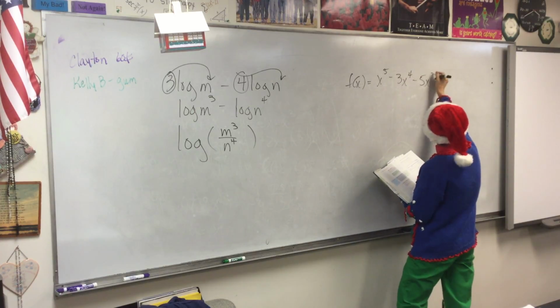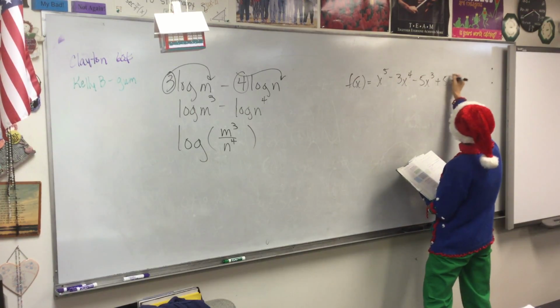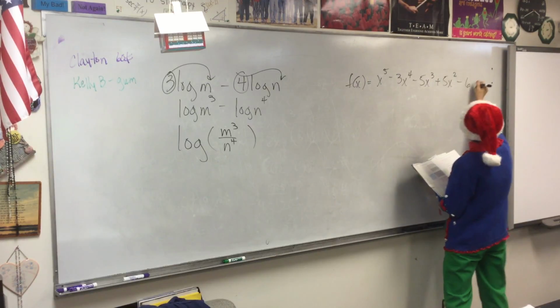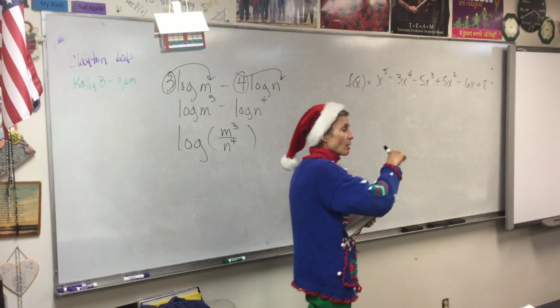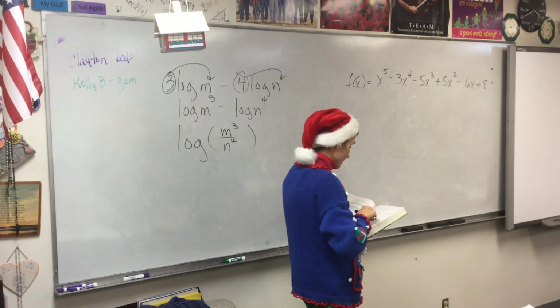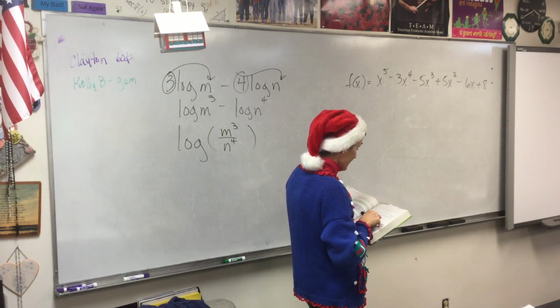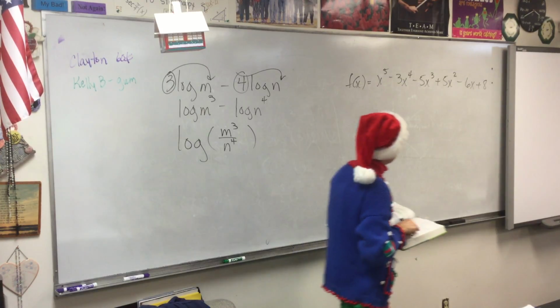How many roots does this problem have? Guys, how many answers, how many roots does this problem have? 5. Okay, so I am looking for 5 answers to this problem.